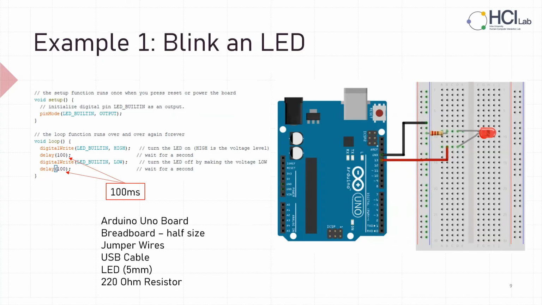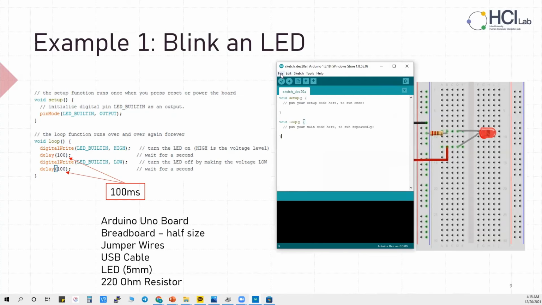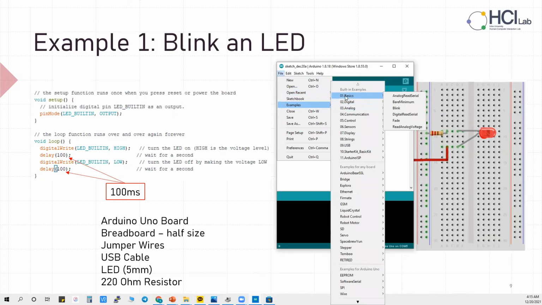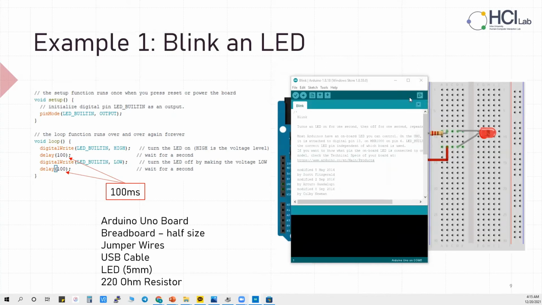So let me open this, our Arduino IDE editing application. In order to open this code, this is an existing code example. Inside Examples, Basics, you can choose Blink. It will open a new window.